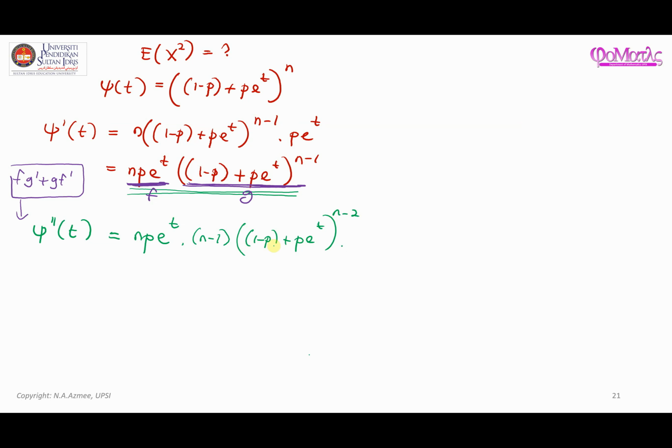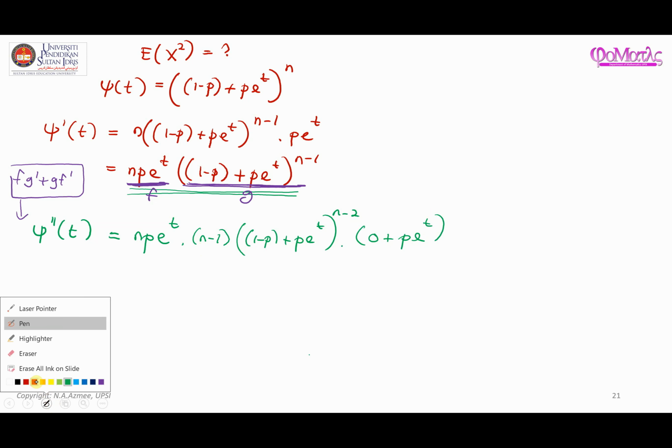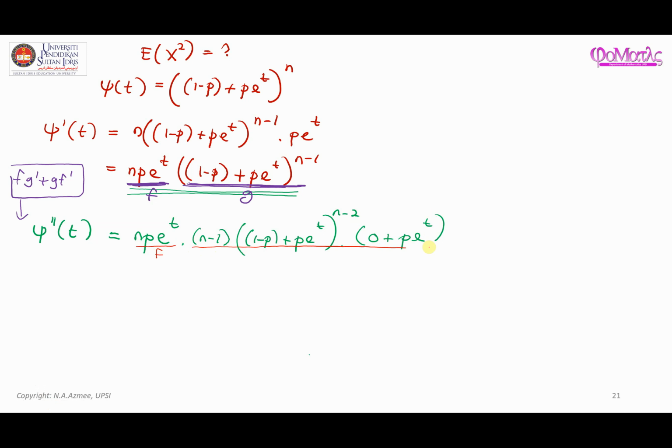When you differentiate 1 - p with respect to t, it's going to be 0, and differentiating pe^t gives pe^t. So that is the result of g' right here. So here is f, and here is g'. Next, we add gf'.